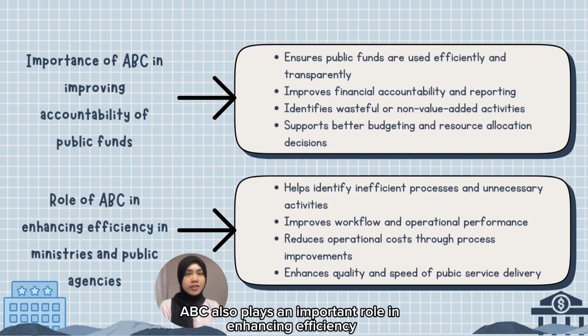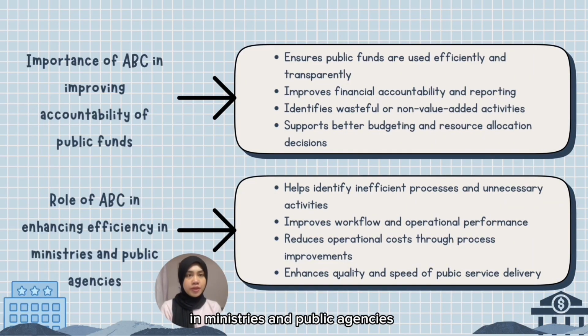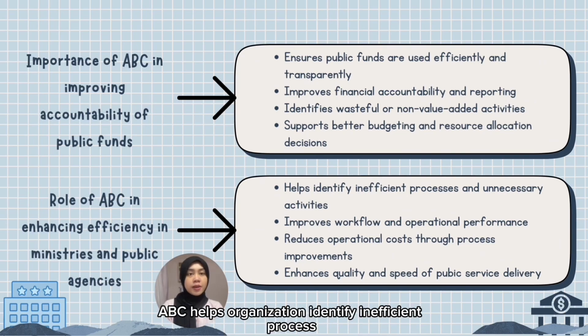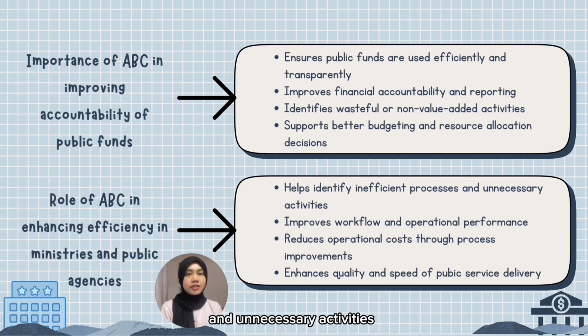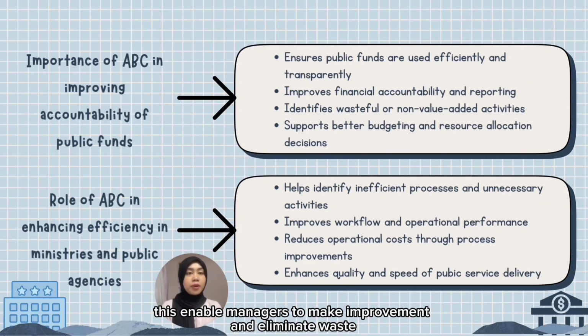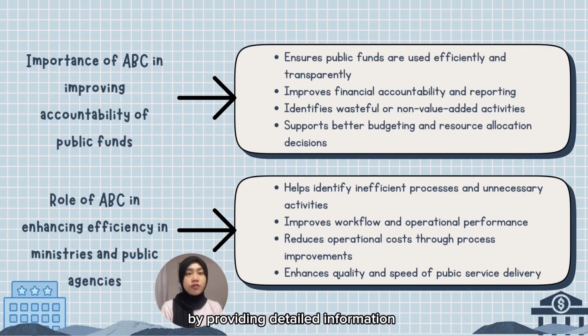ABC also plays an important role in enhancing efficiency in ministries and public agencies. By analyzing the cost of different activities, ABC helps organizations identify inefficient processes and unnecessary activities. This enables managers to make improvements and eliminate waste. ABC also improves workflow and operational performance by providing detailed information about how resources are being utilized.